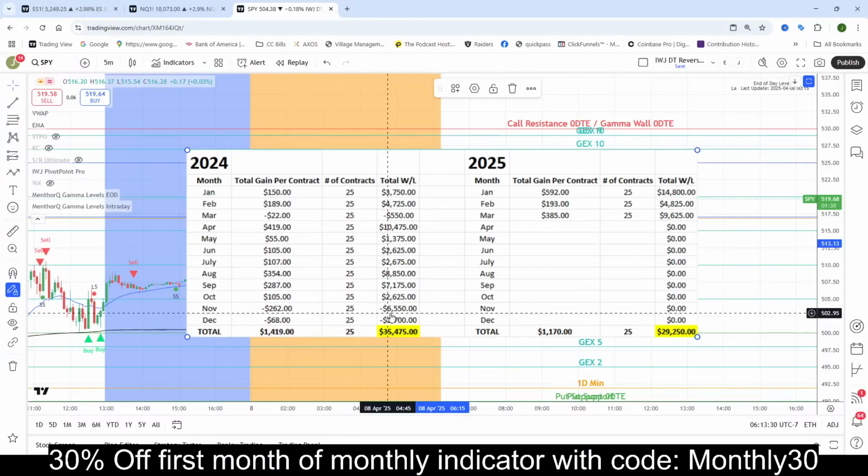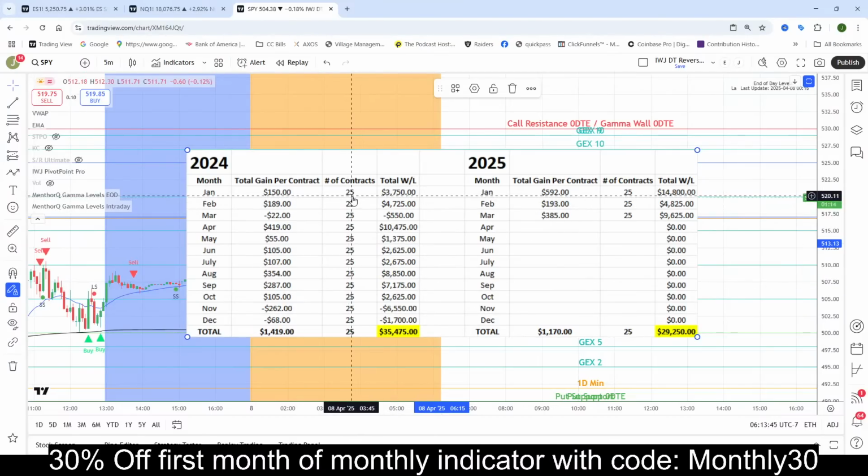November was just awful. Low volume trading in the second half of November, with the holidays, is really hard. So November and December are always going to be our worst two months. But overall, this is based on 25 contracts in a $100,000 account. We netted 35.47%.